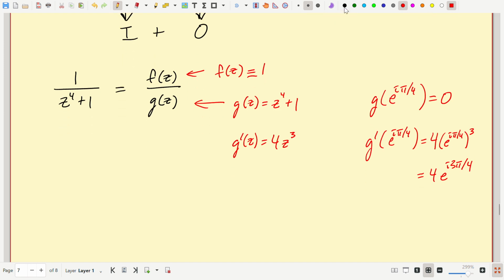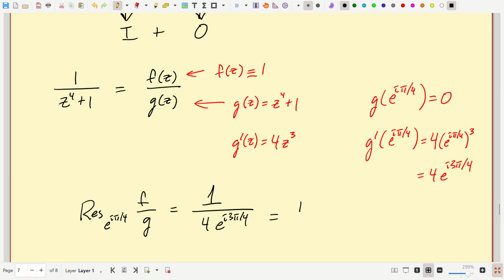And so the residue at e to the i pi over 4, using that formula, is f at e to the i pi over 4, which is 1, divided by g prime at e to the i pi over 4, which is 4 e to the i 3 pi over 4.